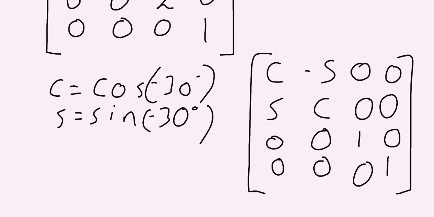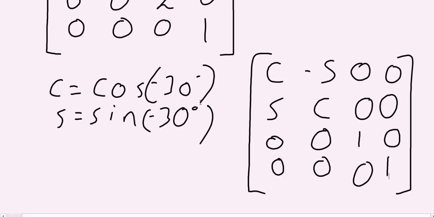Take the cosine and the sine of the angle. In this case, since we're rotating that direction, we simply change the angle to minus 30 degrees. That's the only difference. Otherwise, we could take this minus here and put it on the other side. The cosine of plus and minus 30 degrees is the same. It's only the sine that changes. We could simply take the minus from here and put it to here in order to rotate clockwise, but no matter.